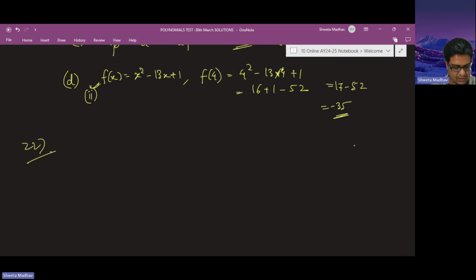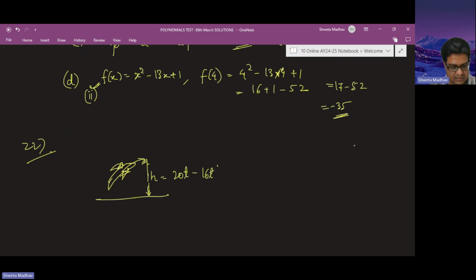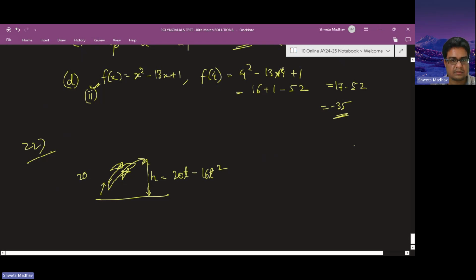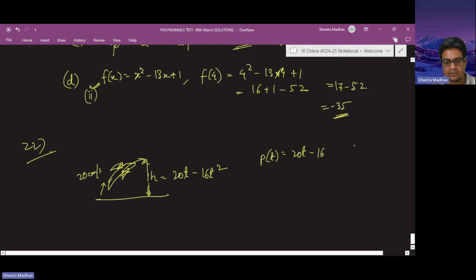Its height above water level after t seconds: it jumps out, and at time t, the height from the water level h is given as 20t minus 16t square, and it jumps out with a speed of 20 centimeter per second. So now find the zeros of the polynomial p of t, that is 20t minus 16t squared.